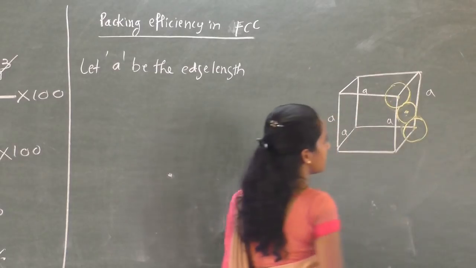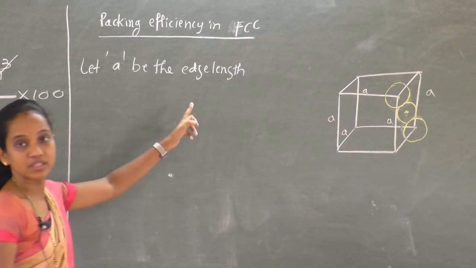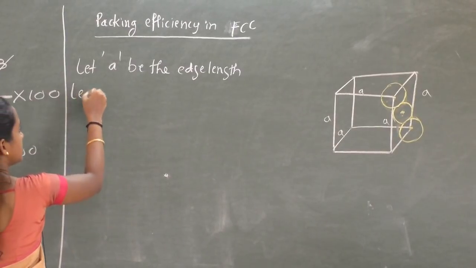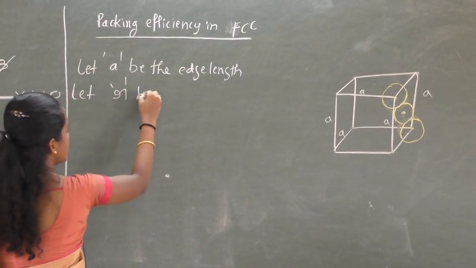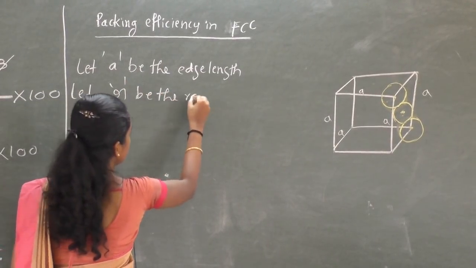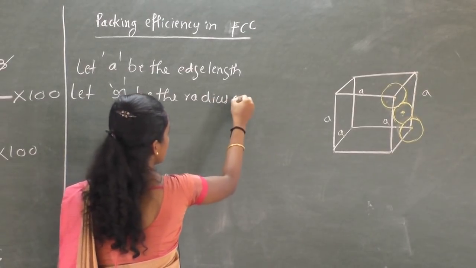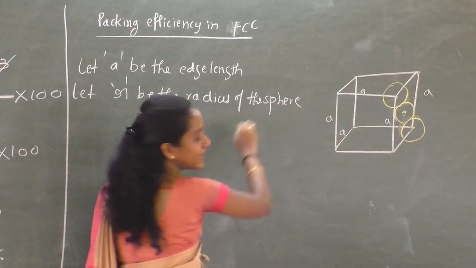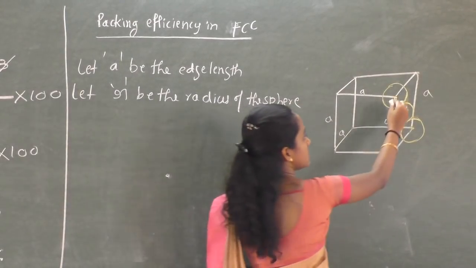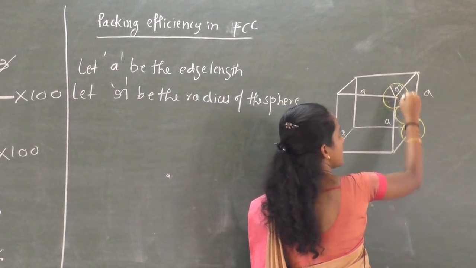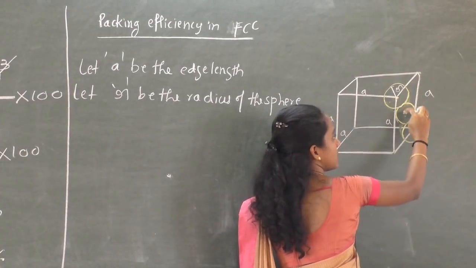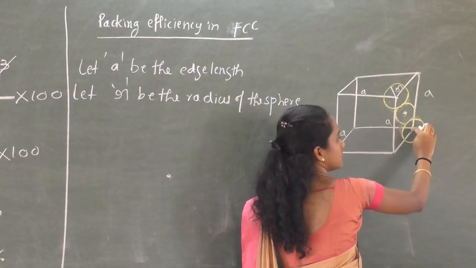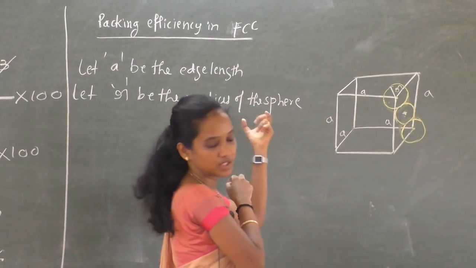This is also A. So let A be the edge length or side of the cube. Let R be the radius of the sphere. So this is radius R, this is also R, and this is also R.